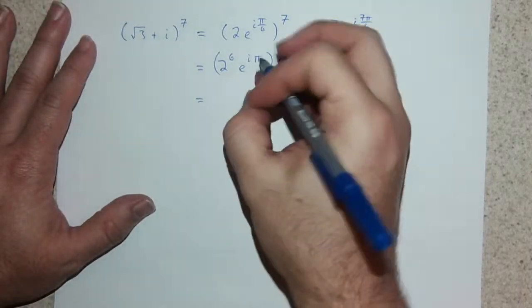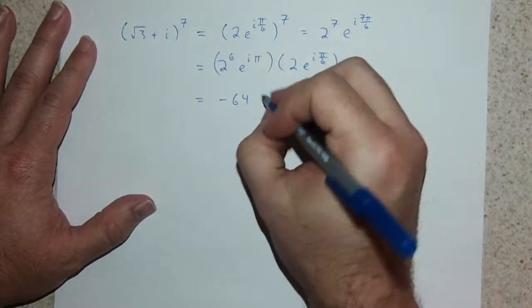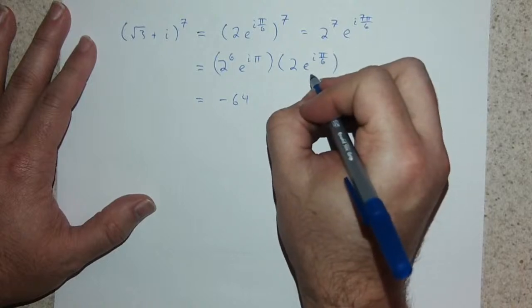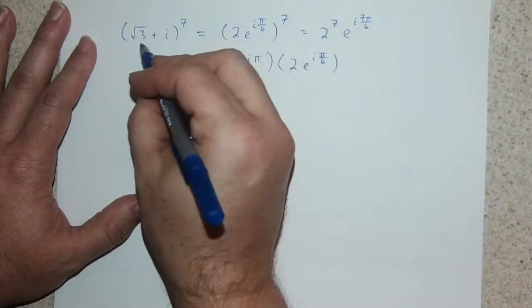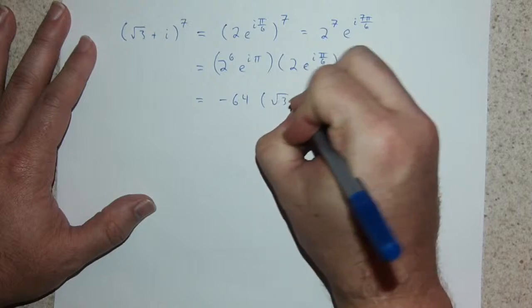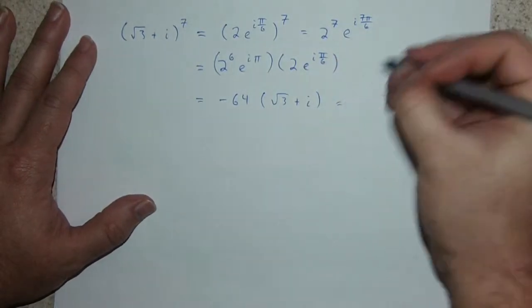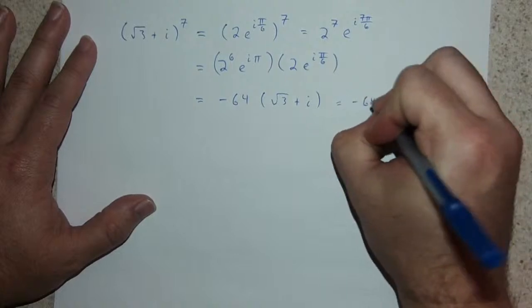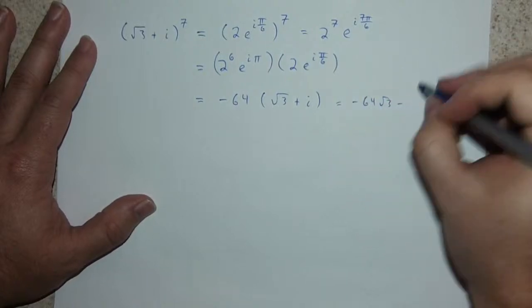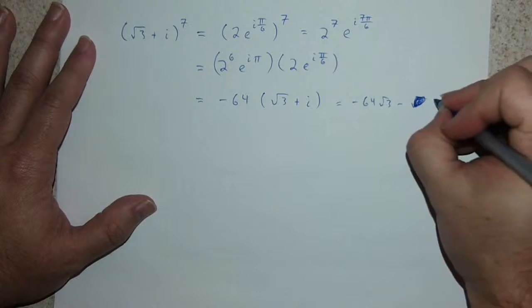So this is minus 64 coming from this, times 2e to the i pi over 6, which is square root of 3 plus i. And so in rectangular form, this is minus 64 square root of 3 minus 64 i.